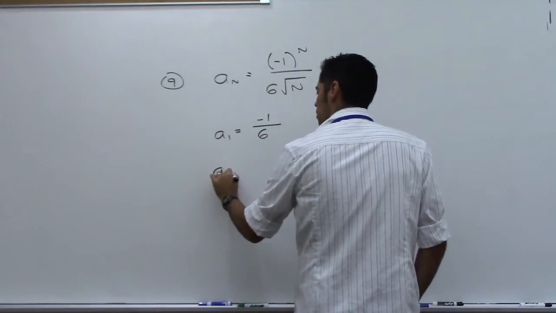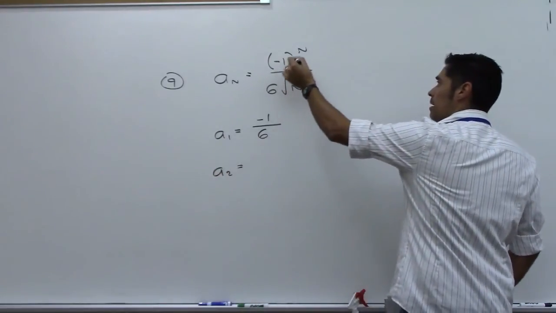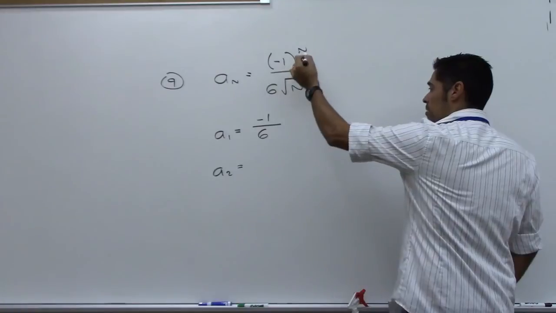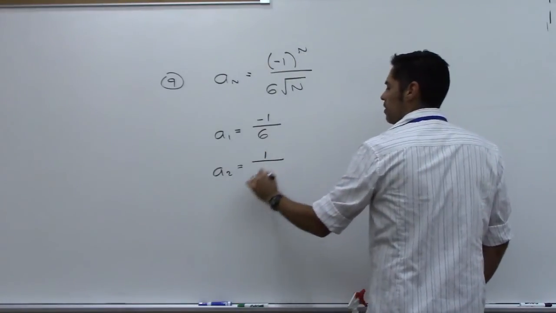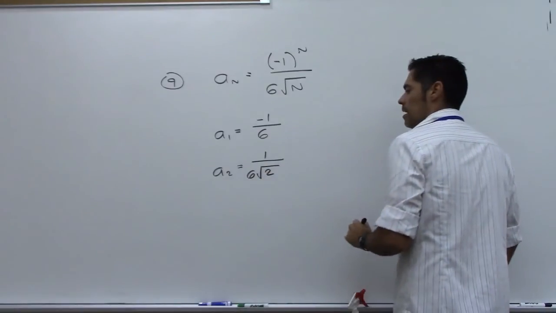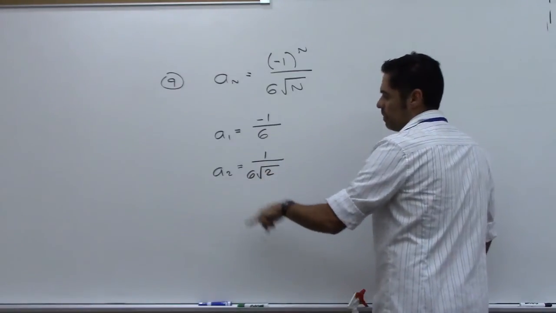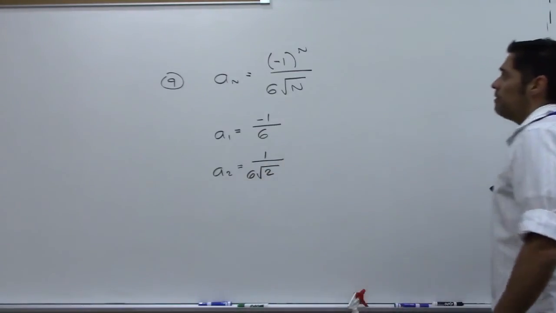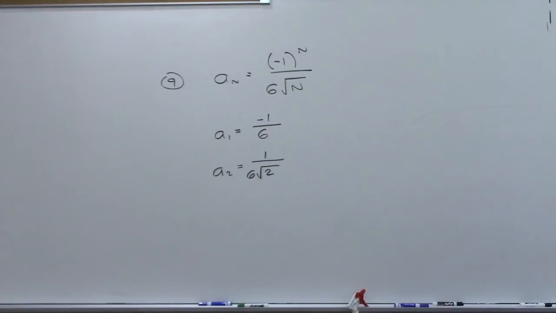But a sub 2 would be positive, right? Negative 1 squared is positive 1 over 6 root 2, whatever that is. Then your next one would be negative, and the next one would be positive, and so on and so forth. So we're trying to figure out if this converges to something.